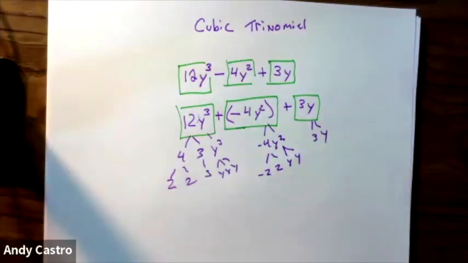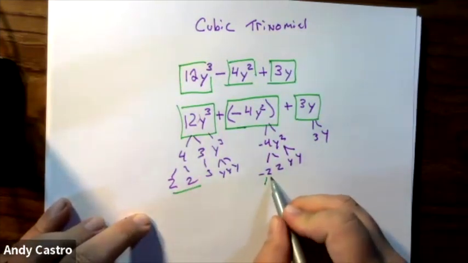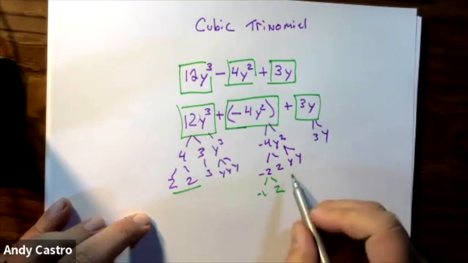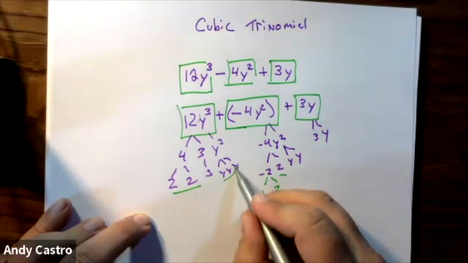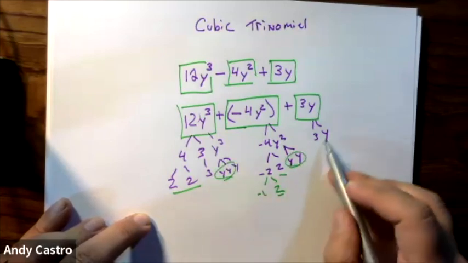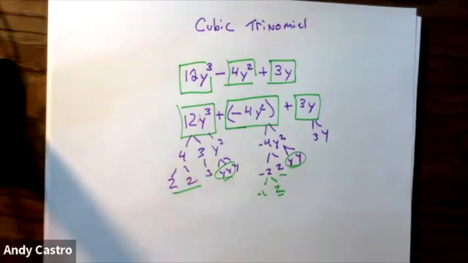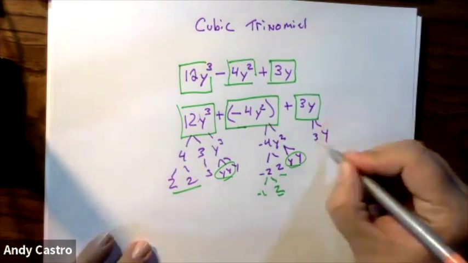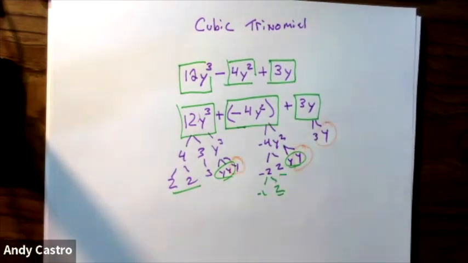Well, if we look between these two, we could split that -4 into a -2 and a 2. So we've got two 2's on each here, two y's here, but we don't have any 2's here and we only have one y. So in reality, all we have here is one y in each of the three terms. That's all we have in common with the three terms.